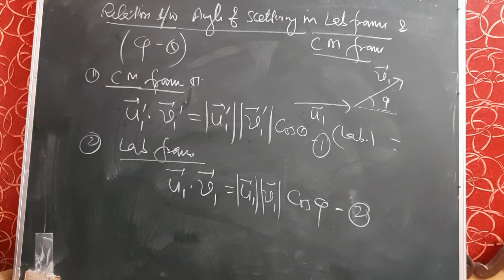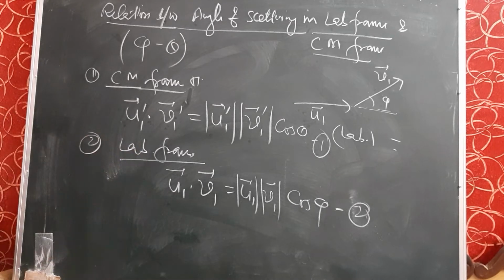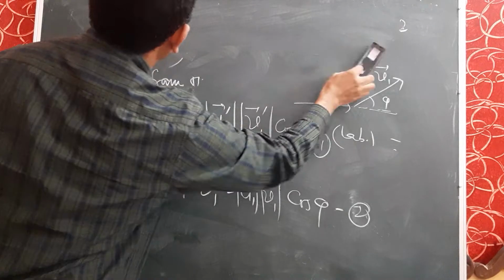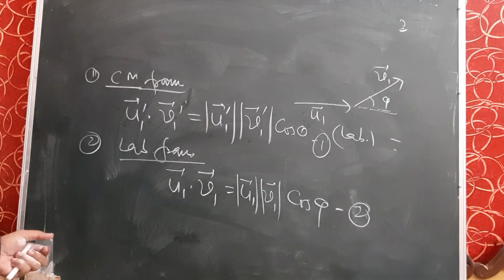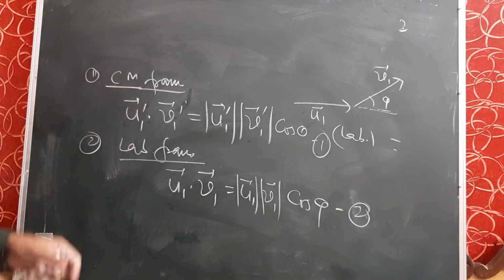Now we have to derive the relation between theta and phi. It means we have to merge these two equations into a single equation. There are different methods to merge them, and the preferred method given in the book is to reduce the second equation by using the first.